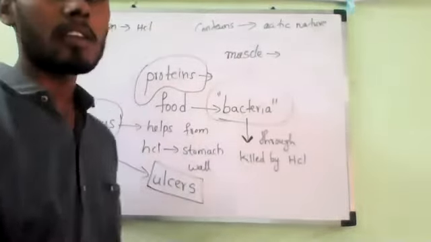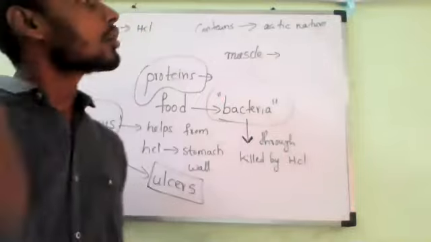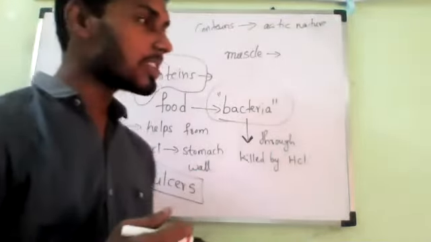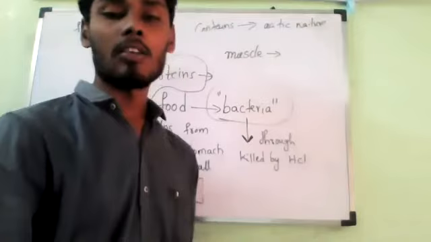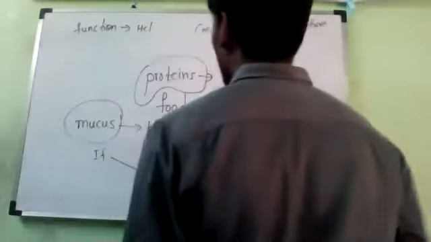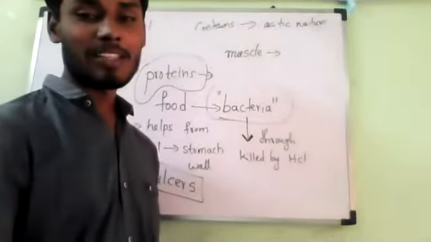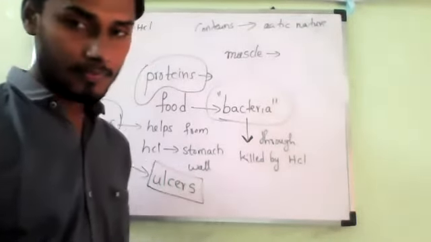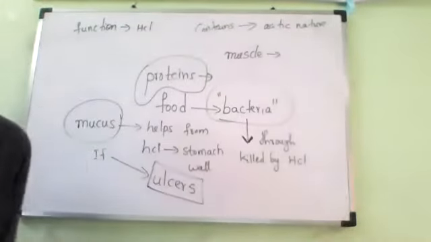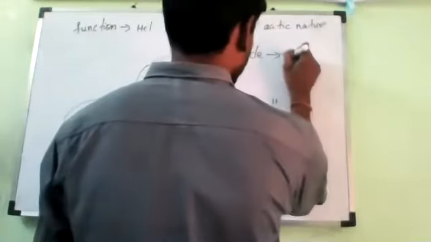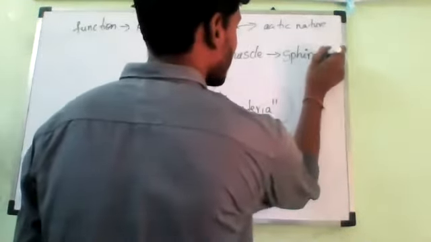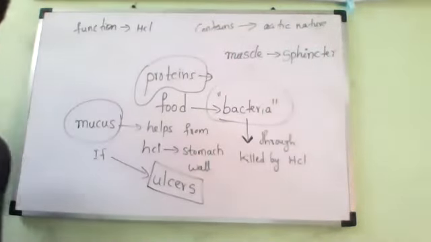If you open your textbook, whenever you are studying the alimentary canal, you must know the muscle name. Smooth muscle? Longitudinal muscle, sir? No. That muscle is called the sphincter. Remember that: S-P-H-I-N-C-T-E-R. Sphincter muscle.